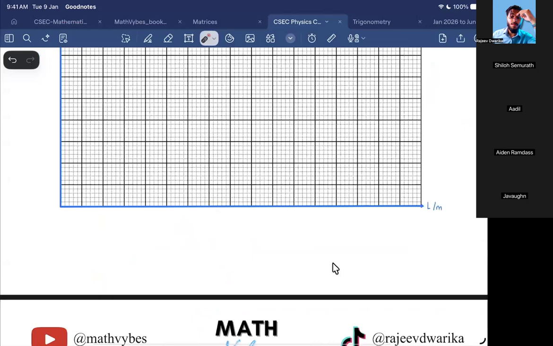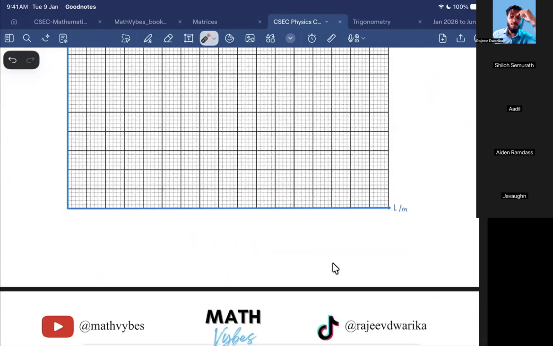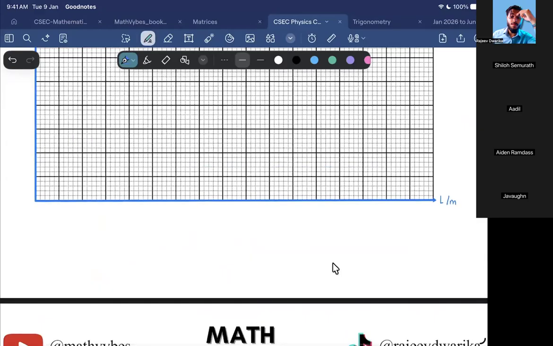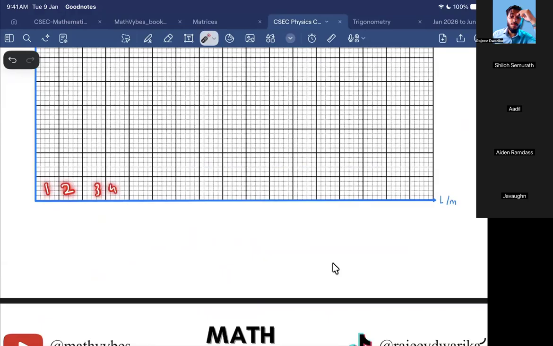Now let me ask you all a question. Javon, if my graph was like this, you think that would work? Or it needs to occupy most of the graph, most of the space on the graph paper? Most of the space here. Exactly, most of the space. So Javon, try to help me come up with a scale. So how many blocks do we have? I have 17 blocks. And I need to represent 0.60.